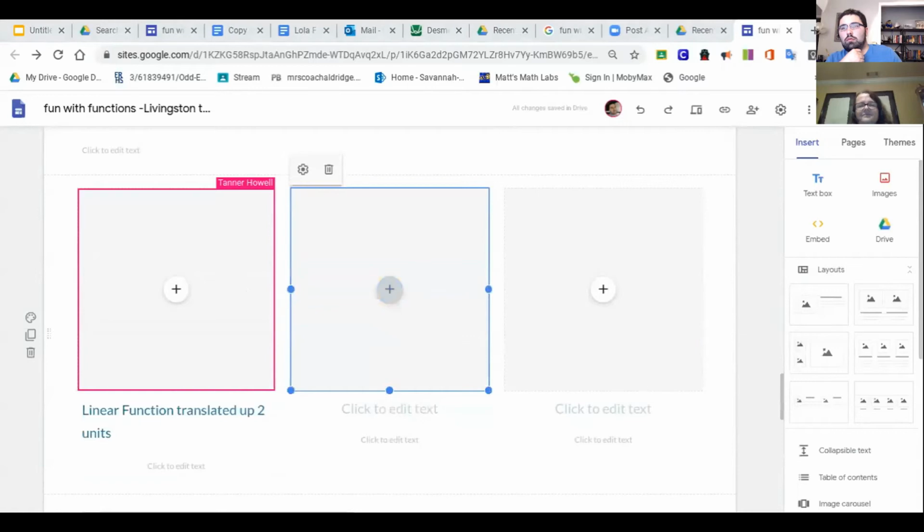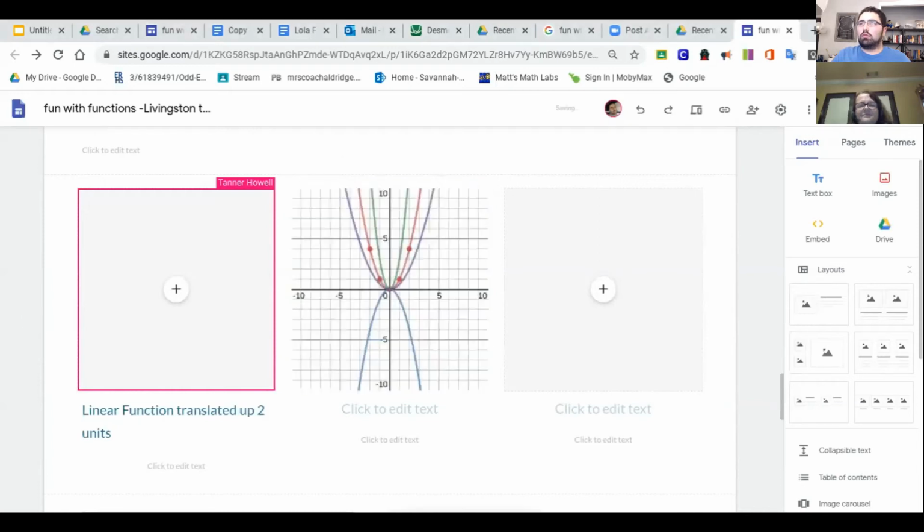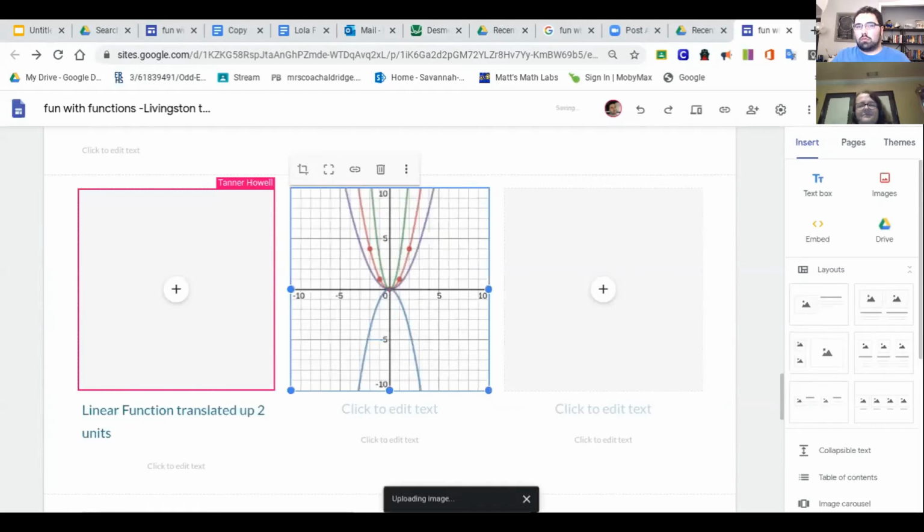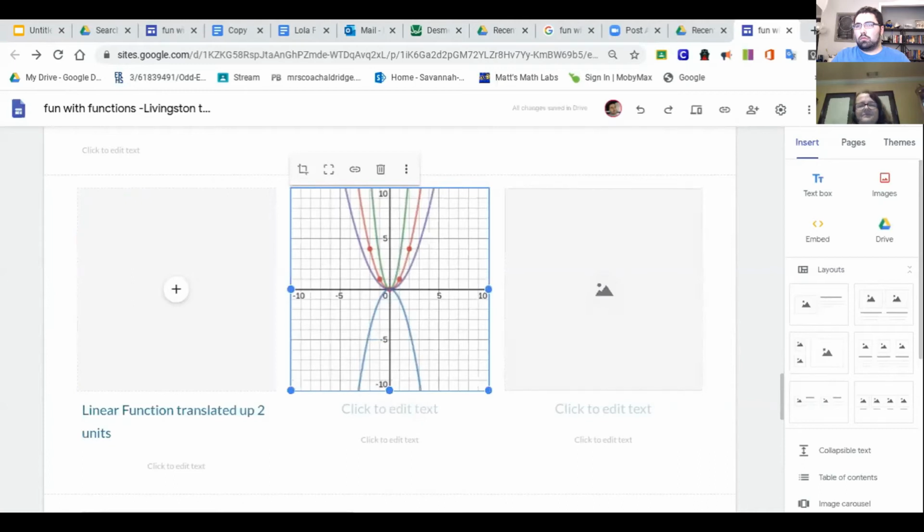Can say, where am I going to upload it to here? Now that I know that it's over here, I can just put it here, and I'm going to move this up so I can see, and close this out, and open, and you can see there's the graph. So that looks pretty good that way too. So you have options.